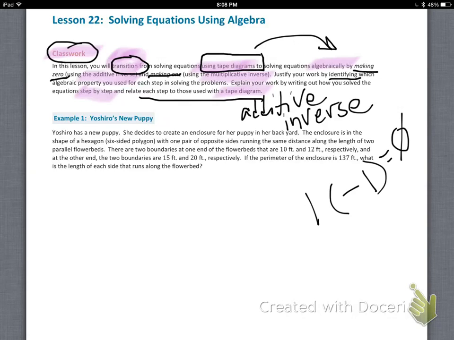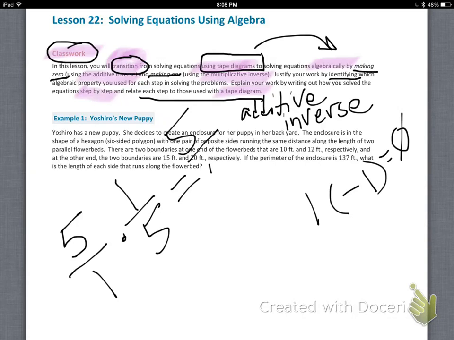And now making 1 through multiplicative inverse. Again, we've done this before. If we were going to make 1 out of 5, we would multiply it by its multiplicative inverse, which is 1/5, and so 5 over 5, of course, equals 1.